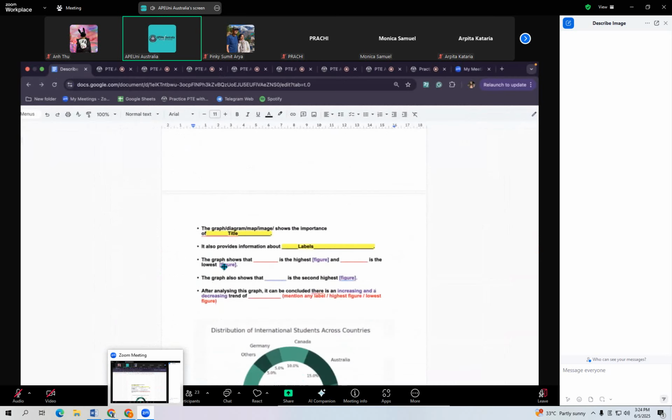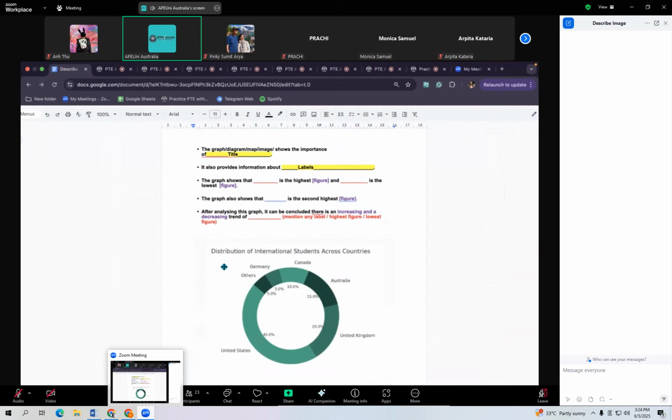For that, we have our perfect framework. Because our framework has 5 sentences, we are looking for 5 key components. If you memorize this framework, it will help you to speak non-stop without any problem or hesitation for at least 30 seconds. Number 1, I need the title.